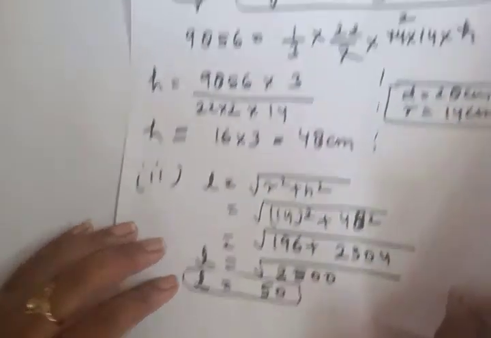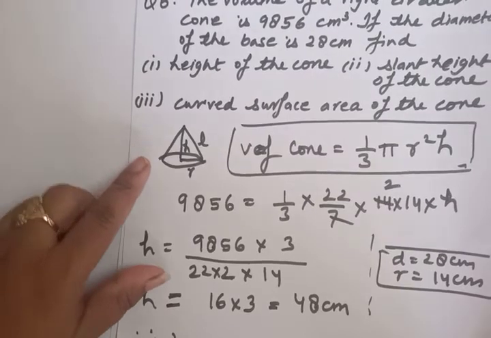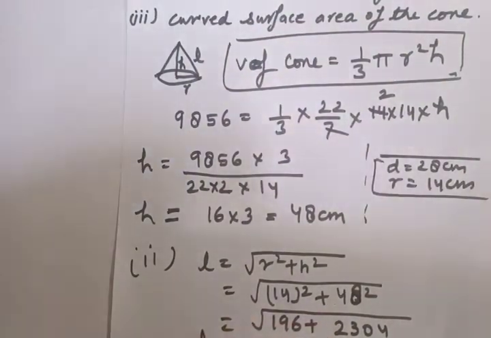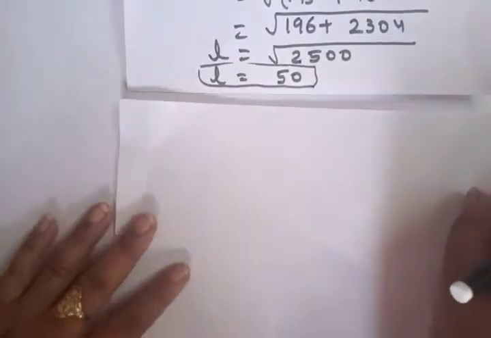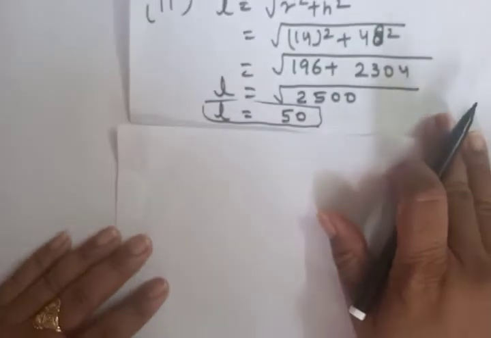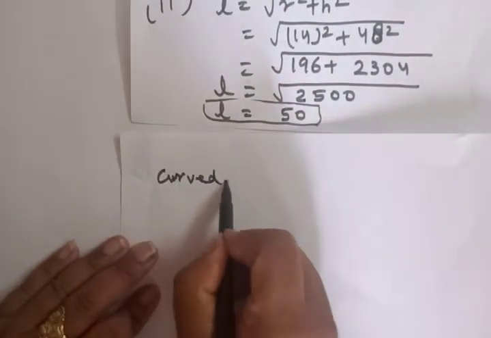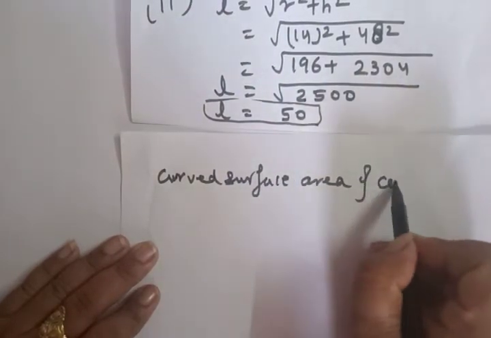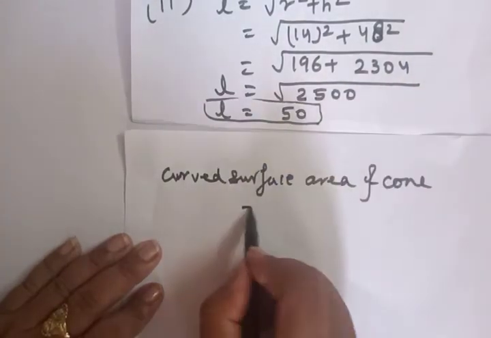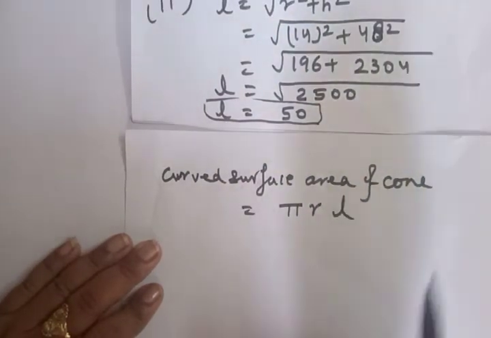Now the third part is to find the curved surface area of the cone. As we already know, curved surface area of cone is equal to πrL.